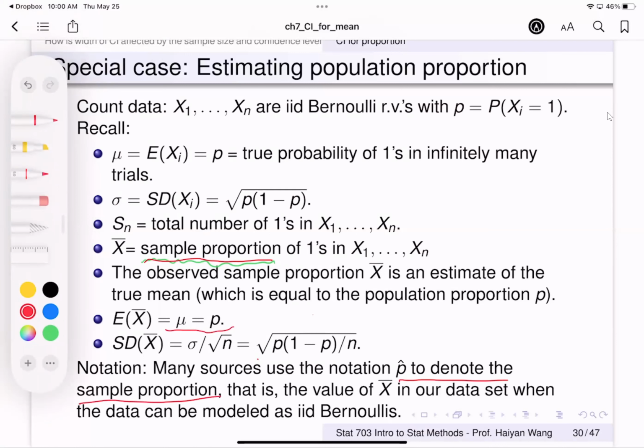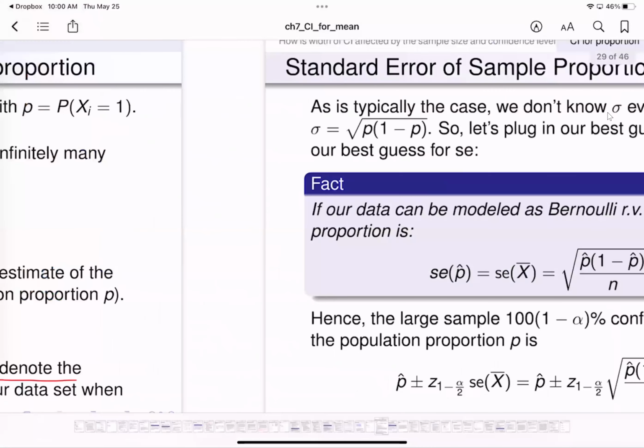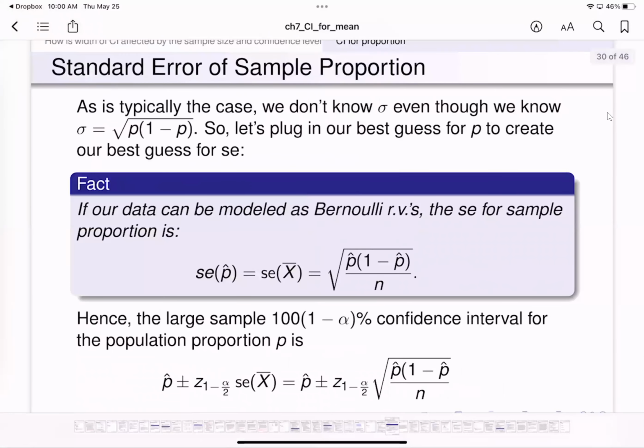Okay. Once we have the sample proportion, the next step is to consider how to estimate the population proportion with an interval. Recall that when we considered just one sample mean and tried to construct a confidence interval, we ended up with x bar plus or minus z times the standard error.